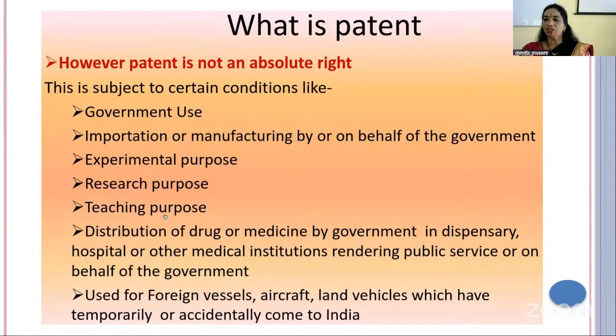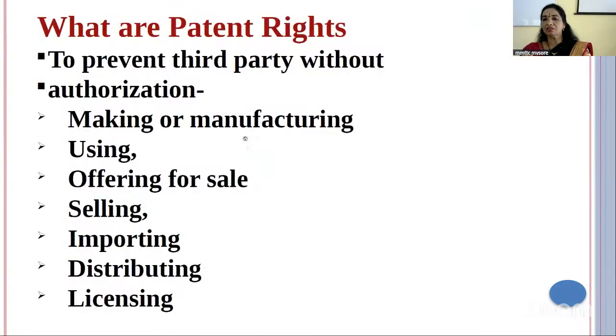If it is for commercial purpose, you will receive the royalty. Distribution of drug or medicine by government in dispensary, hospital or other. If you have come out with some medicine and you say I am patented and I am not going to give it to the government, it is not allowed. So the government can use it. Use for foreign vessels, aircraft, land vehicles, all these things is allowed.